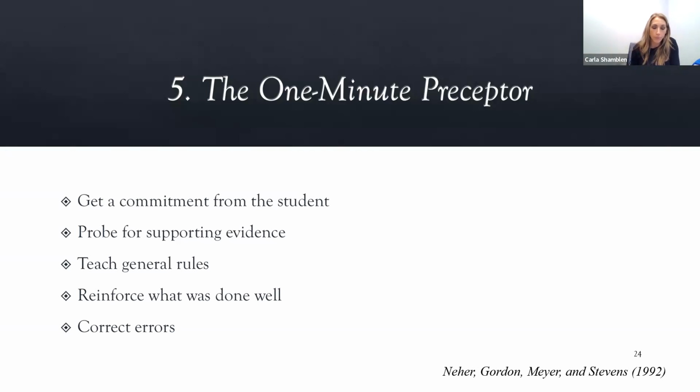Then you as a preceptor ask for supporting evidence or rationale as to why the student thinks that. Then this is an opportune time to give them those little clinical pearls that we always talk about, and teach them a general rule about that specific case, disease, or condition. Again, reinforce what they did well, and then correct any errors that you noticed.